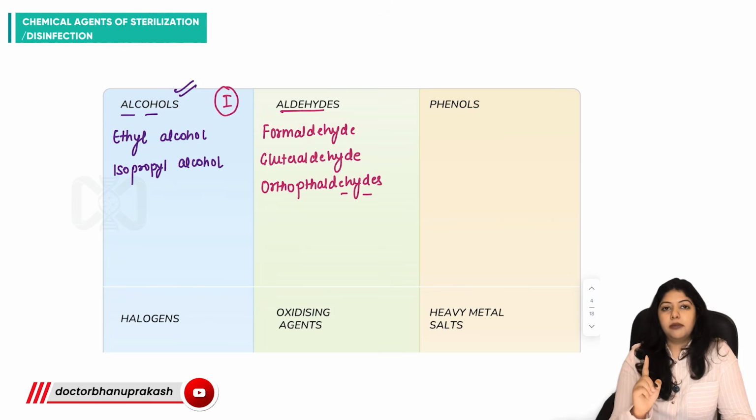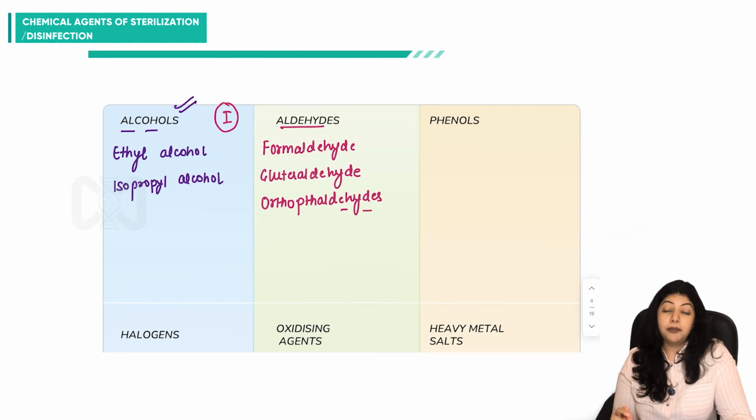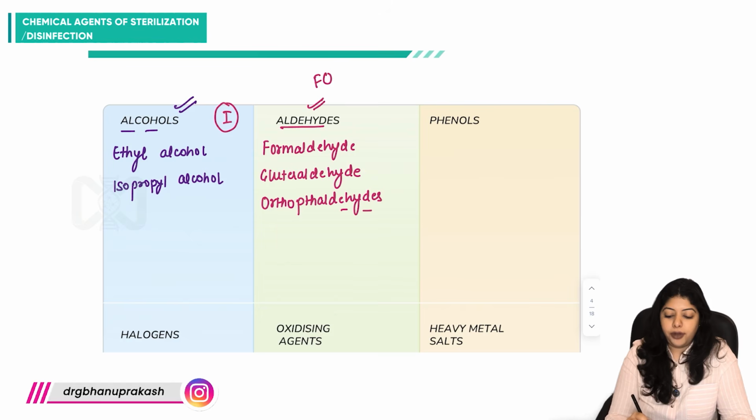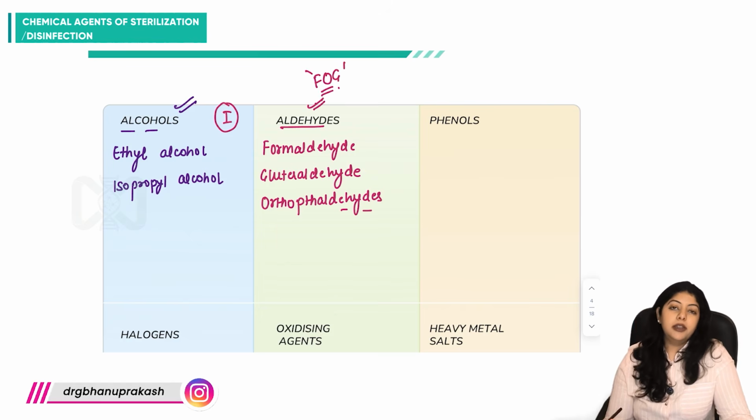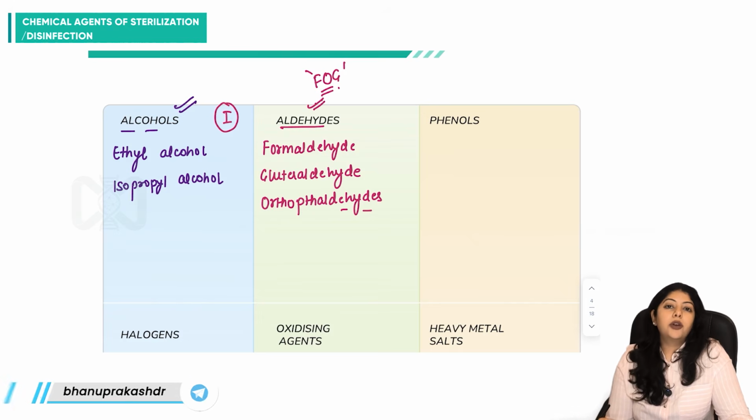One important mnemonic that will help us learn this is FOG. Aldehydes were used for fogging or fumigation of OTs, though formaldehyde is now obsolete for this use.